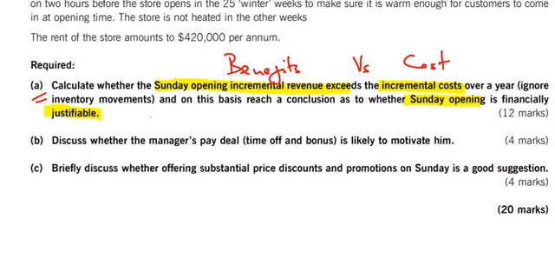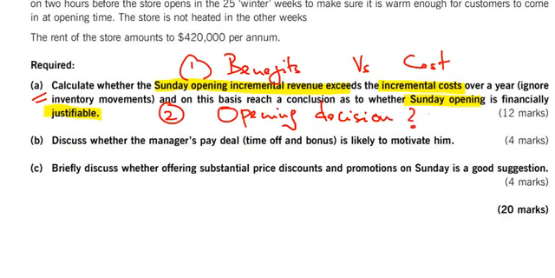The decision we are trying to make is an opening decision, and we're going to base this decision on relevant costs.